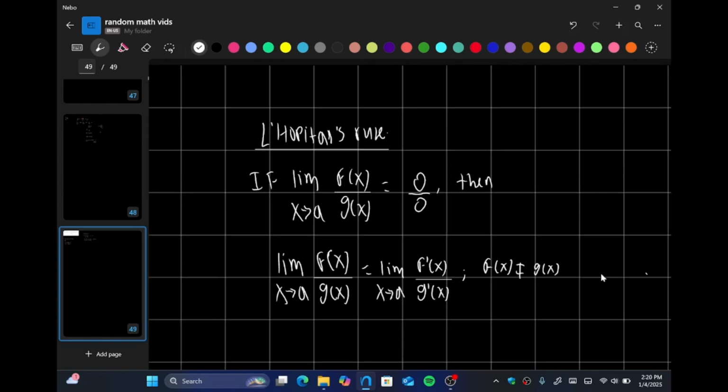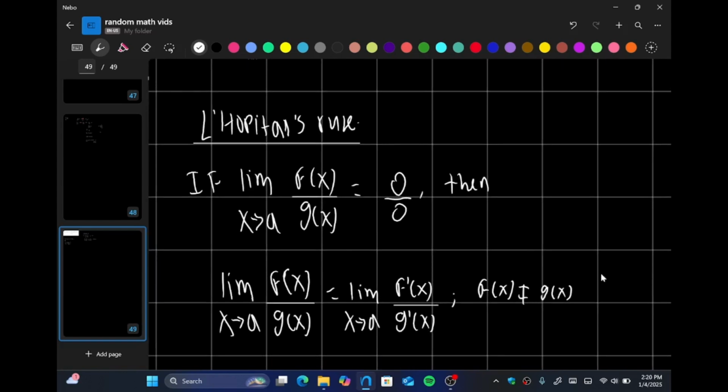Okay, so here we have L'Hopital's rule, right, guys? Here it says if the limit as x approaches a of f of x over g of x equals 0 over 0, this is one of the indeterminate forms. I want to emphasize that there are other ones, but in this one we're gonna focus on the indeterminate form of 0 over 0.